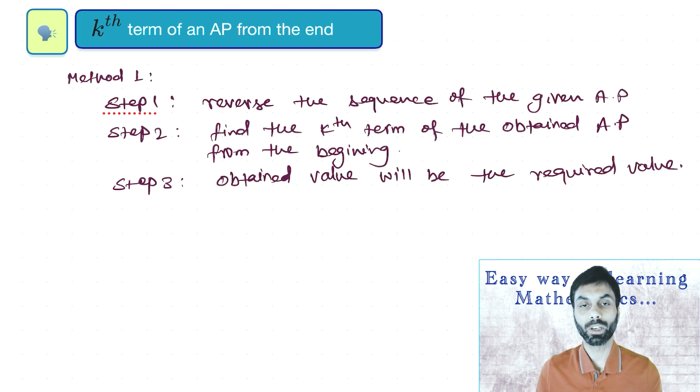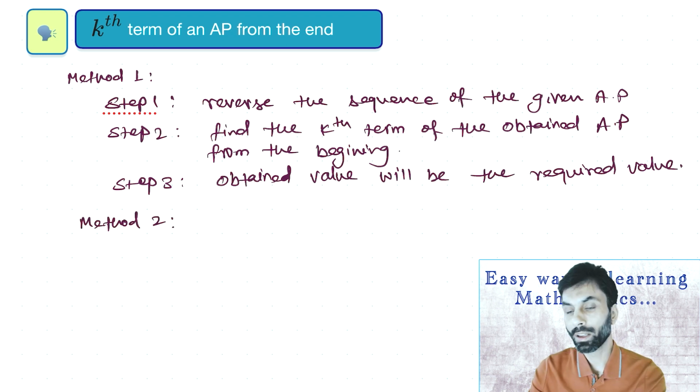That means when you reverse the sequence of an AP and find the kth term from the beginning, that becomes the kth term from the end for the given sequence. Method 2. In this method, we are not going to reverse the sequence of an AP. We'll find the kth term from the end without changing the sequence of an AP.